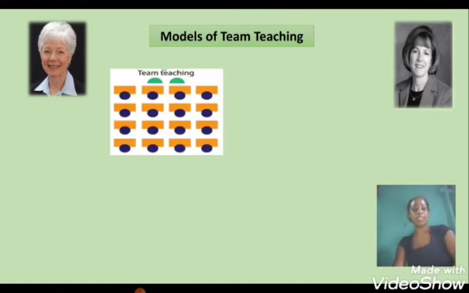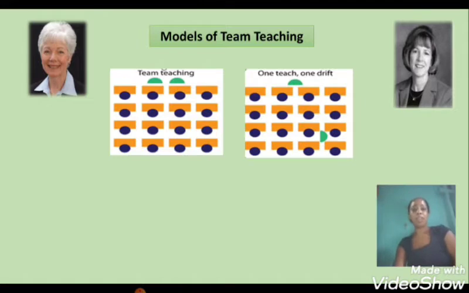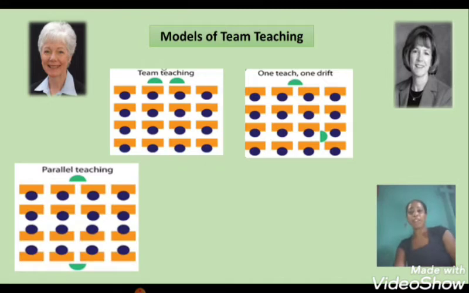The first one is team teaching, which I just mentioned. Then there is one teach, one drift, also called one teach, one support, where one teacher is in charge and has the responsibility for planning and teaching while the other walks around the room to provide support to the students and observe their behaviors. Then there is parallel teaching.